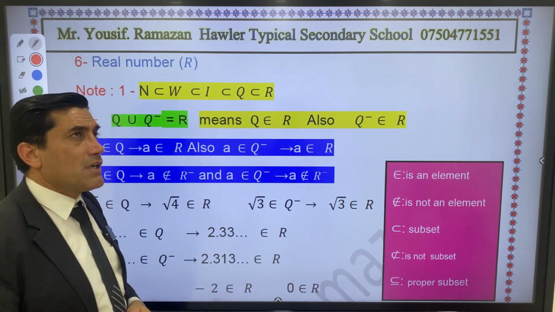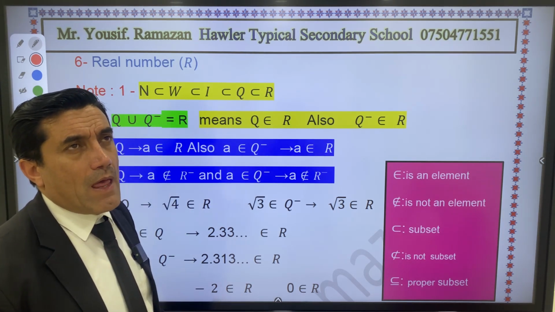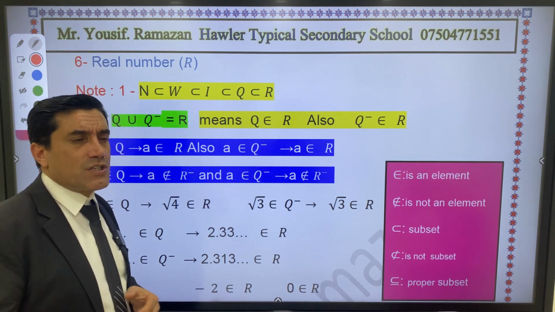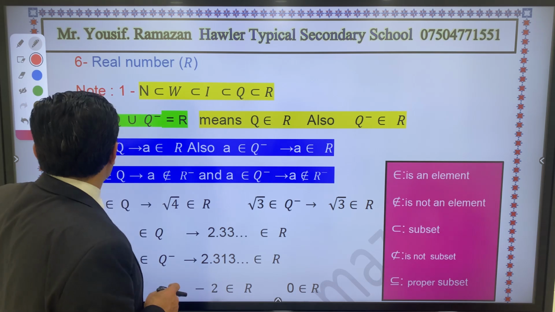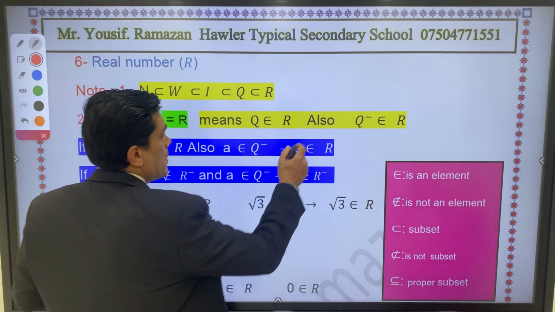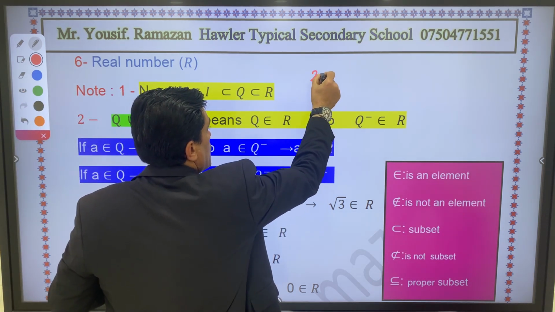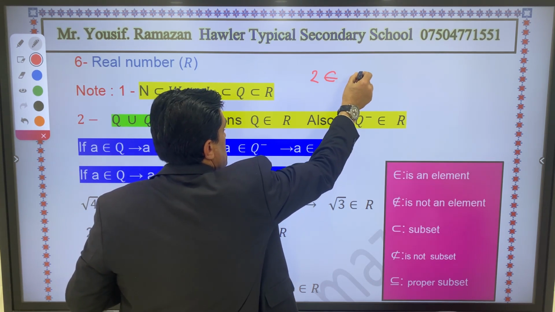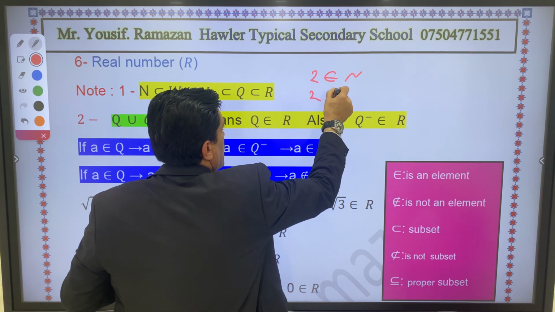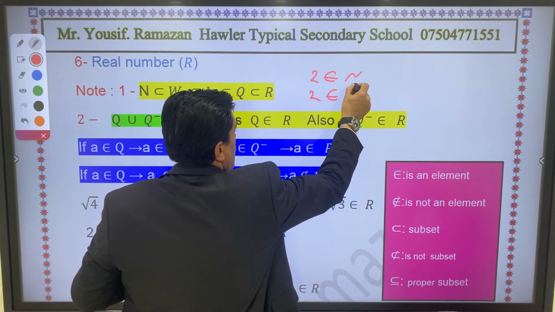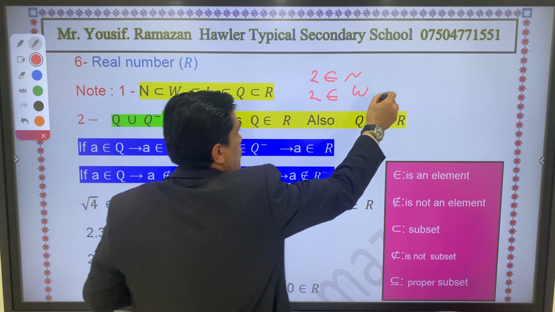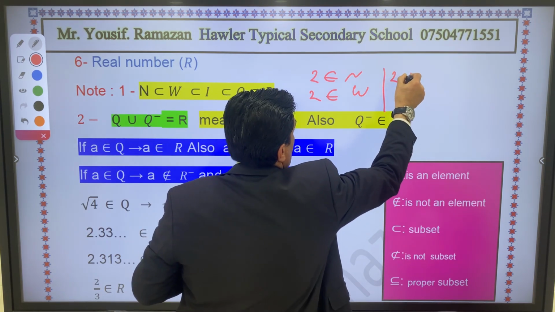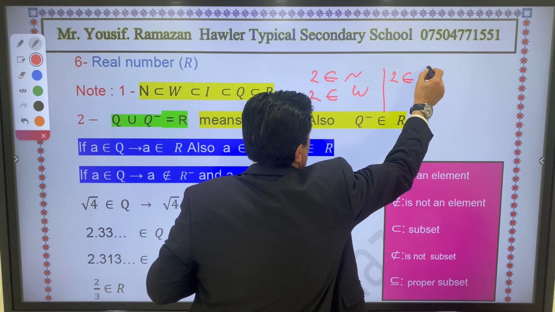Maybe you say, teacher, 2 is a rational number. Yes, any number you can write as a fraction is a rational number. For example, 2 belongs to natural numbers, whole numbers, and integer numbers.